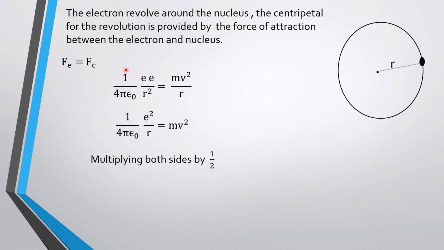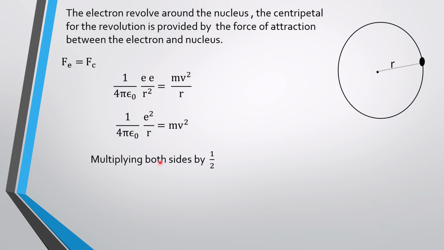Centripetal force, the equation is given by mv square by r, where v is the velocity of the electron and r the radius of the circular path. We can cancel r from both sides. Now we get 1 by 4 pi epsilon 0 e square by r is equal to mv square.